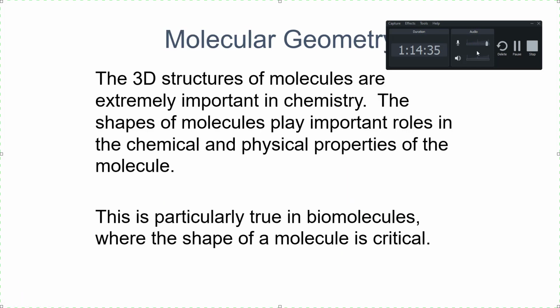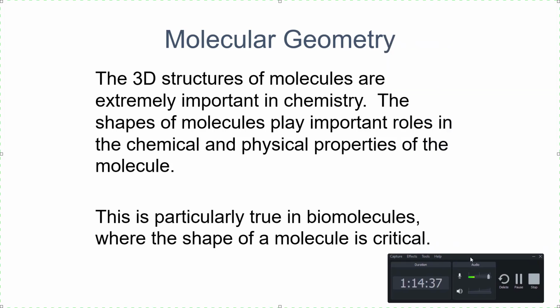Now where we're at is the next step that you learned in general chemistry. You went from Lewis dot structure to resonance structures to then molecular geometry. So the 3D structures of molecules are exceptionally important, particularly in organic chemistry, and we'll see that in the next set of lectures.